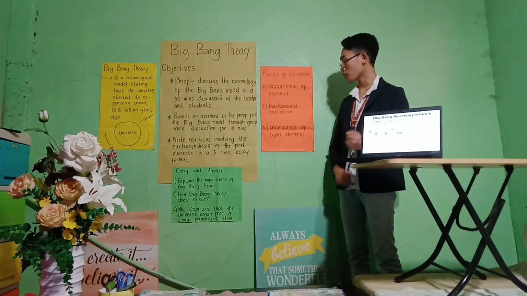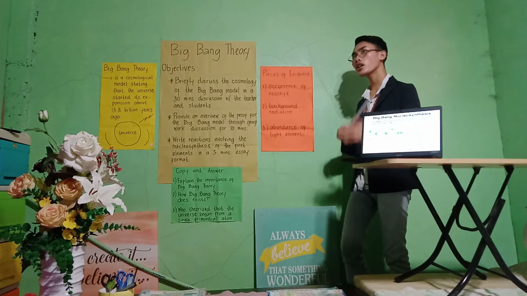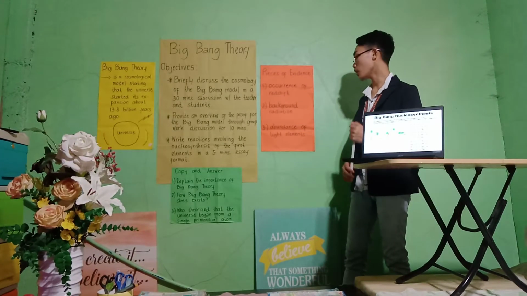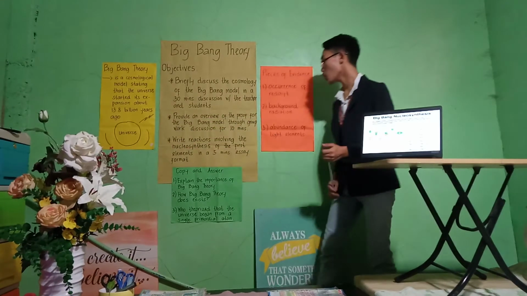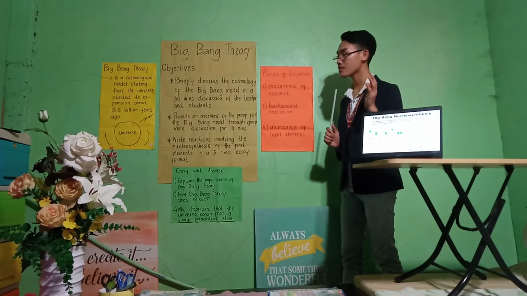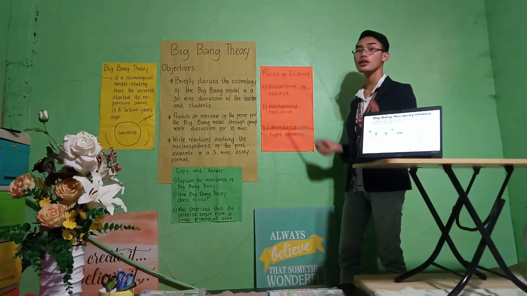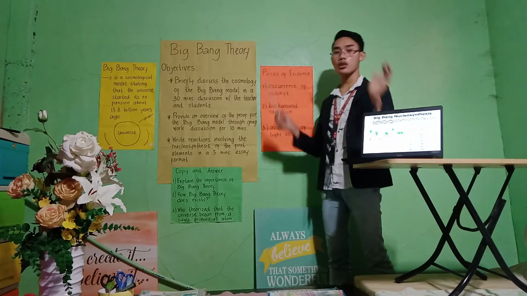That's a really great answer. When you say elements, there are a lot of elements here on Earth, right? The Big Bang Theory cannot exist without all the elements that can be found here on Earth or in the universe.